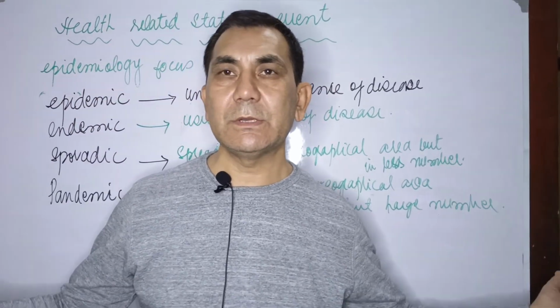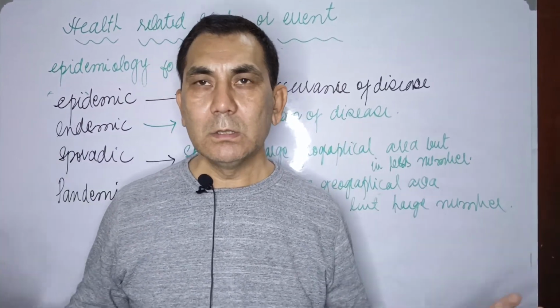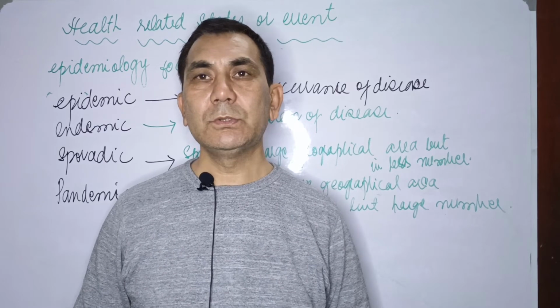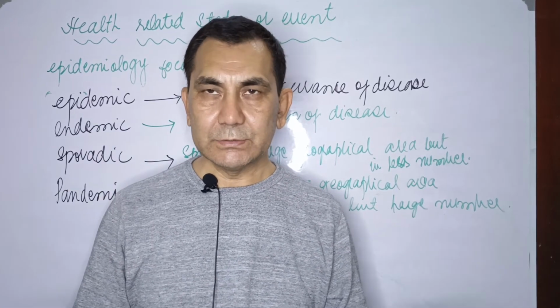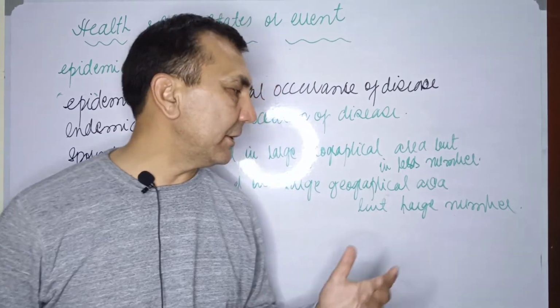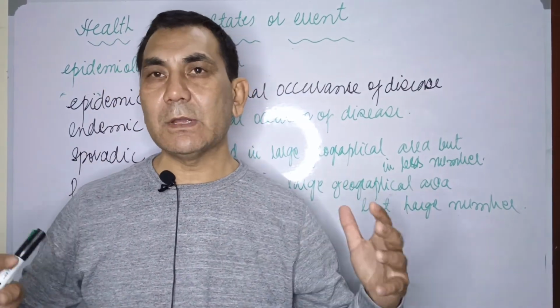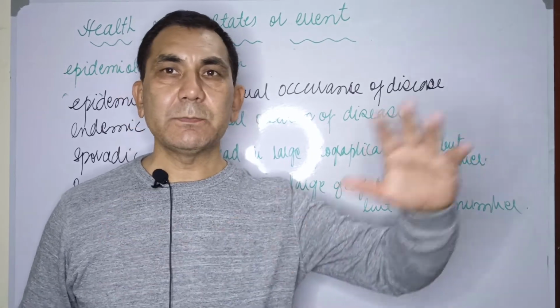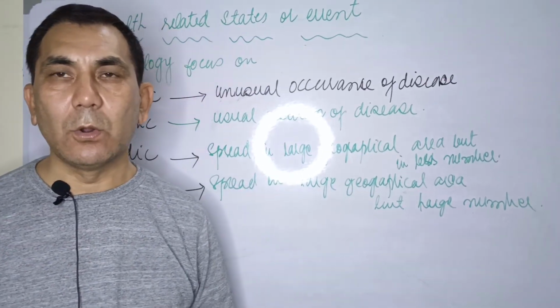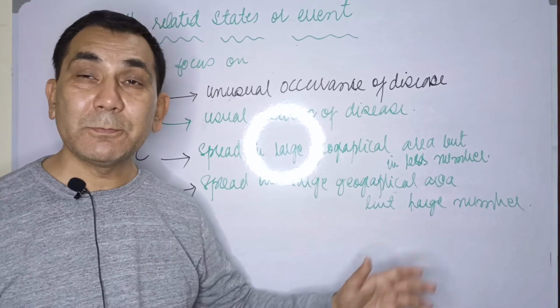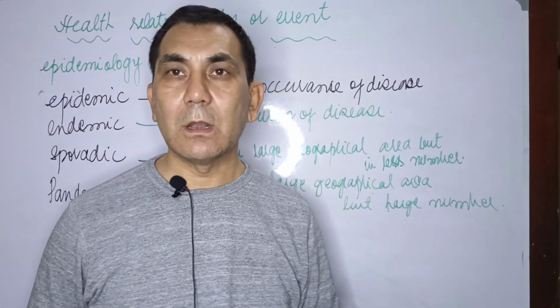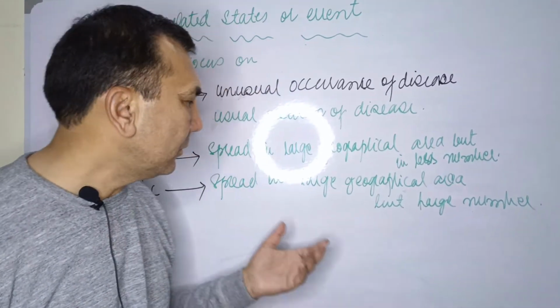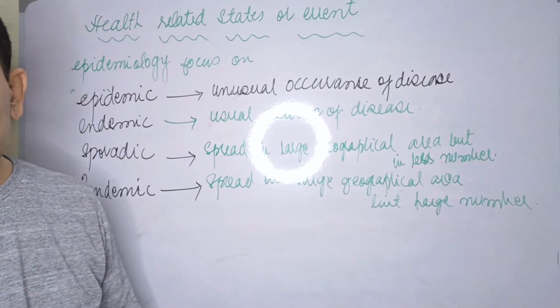From Europe, it covered all over the world on the global map. It spread from one continent to all 7 continents of the globe, and it also spread in large numbers, with large frequency. So this is called the pandemic.